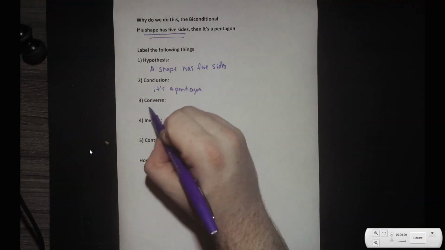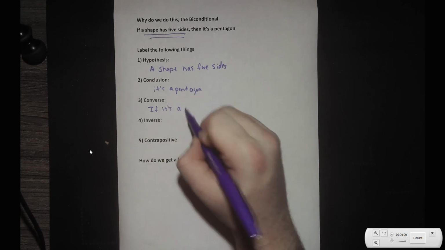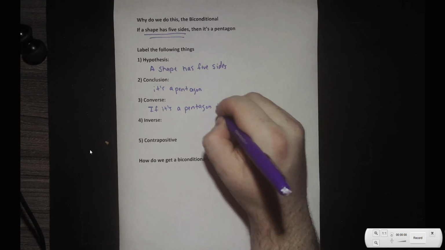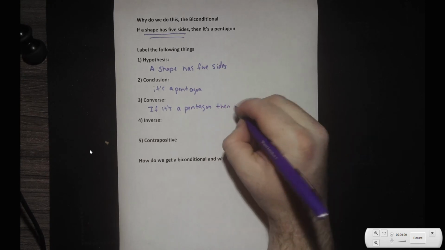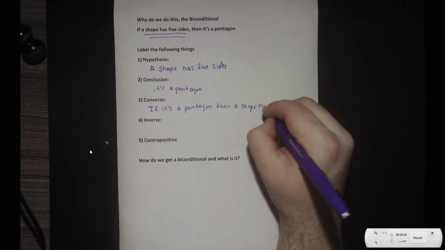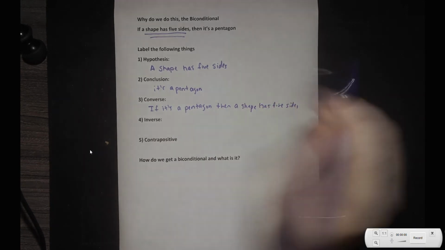The converse would be the reverse. So if it's a pentagon, then a shape has 5 sides.